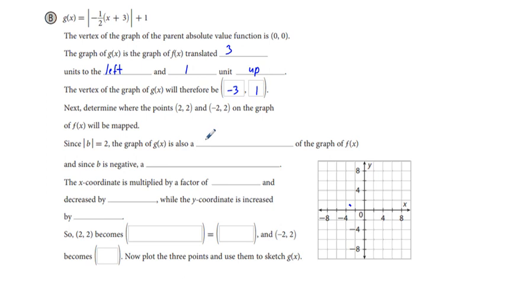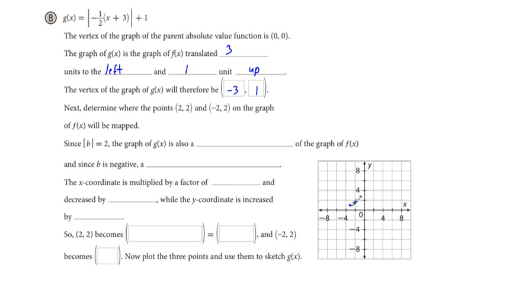Now the x-coordinate is multiplied by a factor of this. So I'm not going to go further into this, but here's what we're going to have: 1/2, and it's going to be positive 1/2. So we're going to go to the left, up 1, and over 2.